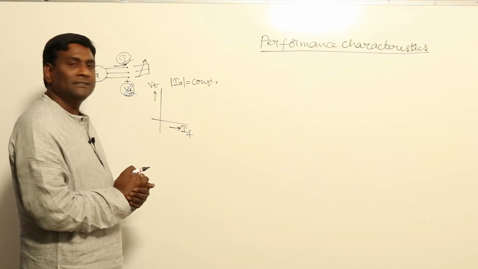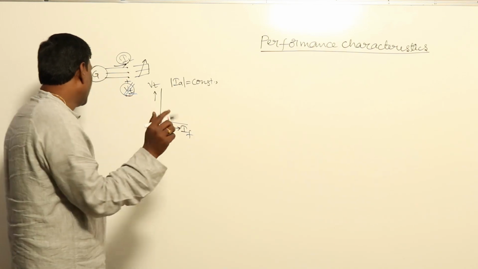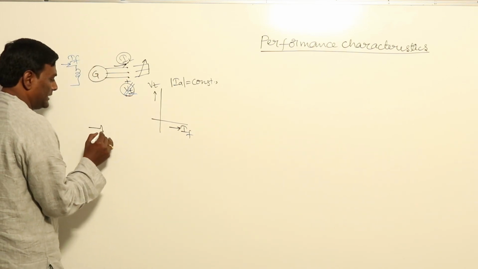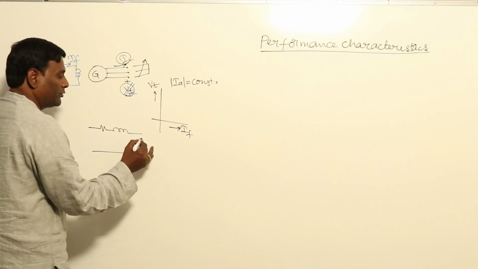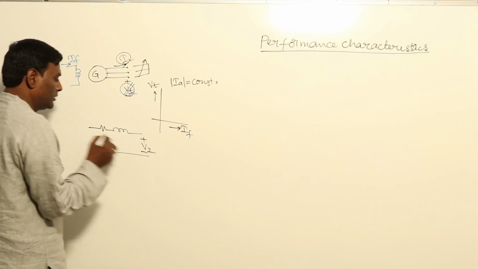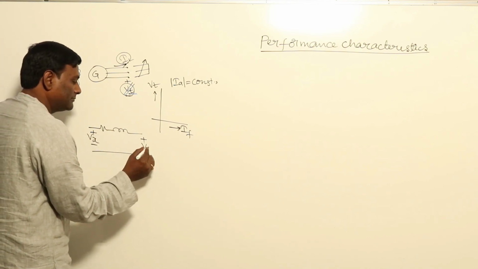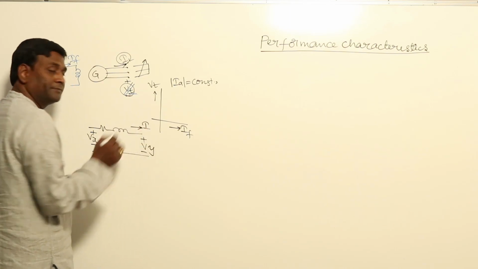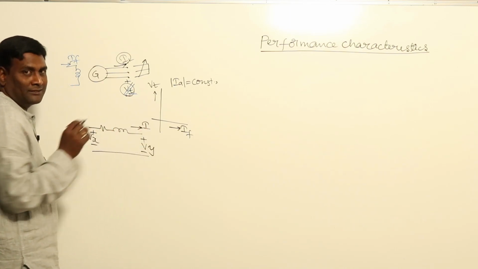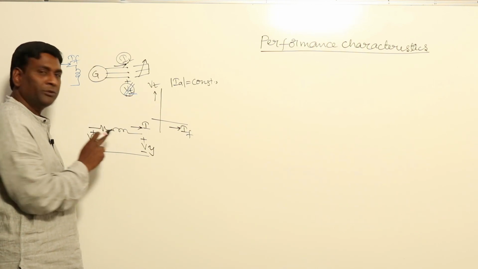So let us see internal and external characteristics. We know only voltage regulation. For example, if I have resistance and reactance, with V2 and V1, or Vx and Vy, and some current is flowing here. Anyway, in our synchronous machine, resistance can be neglected compared to reactance.